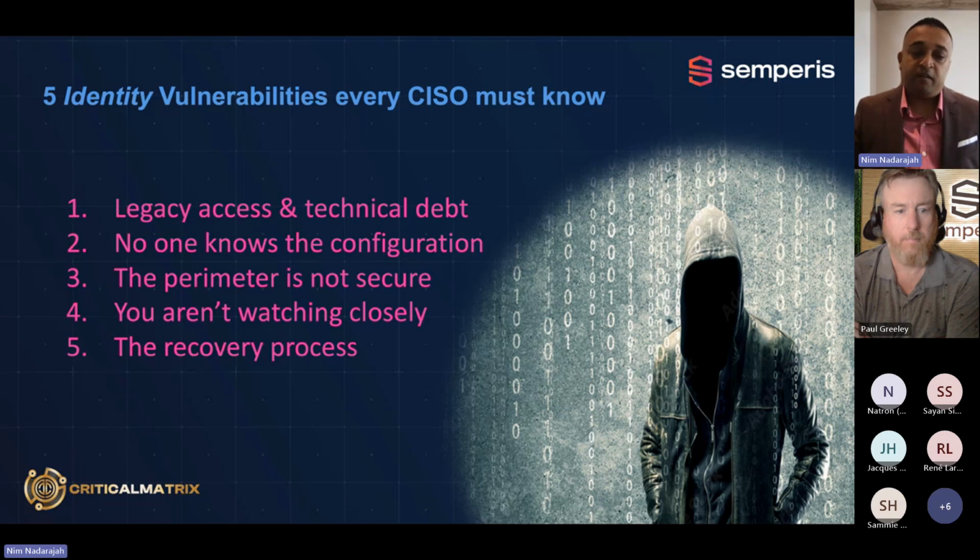We are focusing on solving business problems. And the business problems happen in many different capacities when it comes to identity. You could be in a mergers and acquisitions situation. You could be a new leader inheriting an organization that grew through M&A. You've got multiple forests, multiple domains, and legacy debt that you need to deal with. You could be part of an organization that went through a modernization.